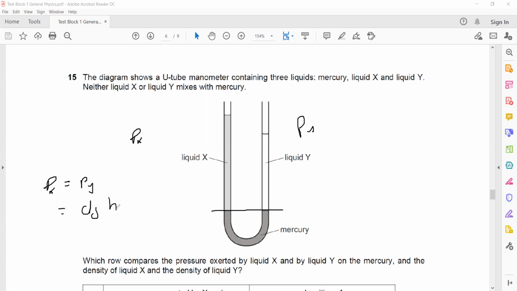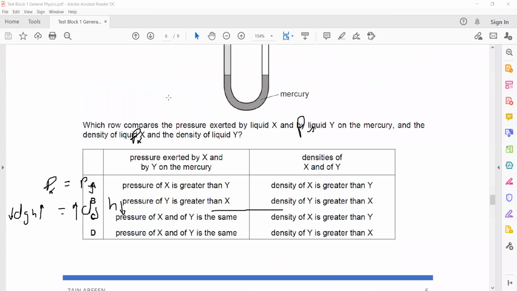Density times gravity times height is equal for X and Y, so the products will be the same. But you can see for X, the height is more. So if the height is more, it should have a smaller density. For Y, the depth is less, so it should have a higher density so that the product will be the same for X and Y. So which options are correct?